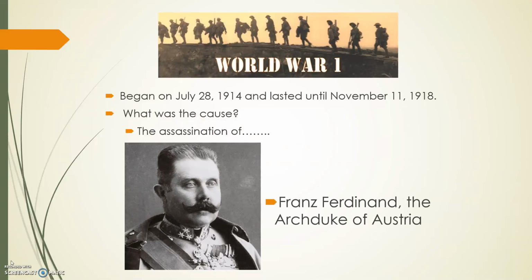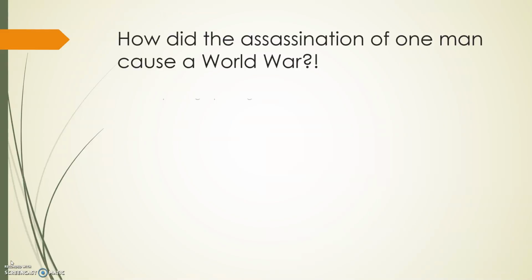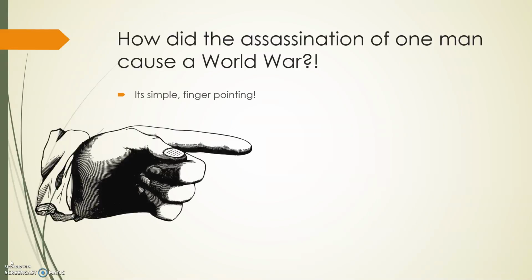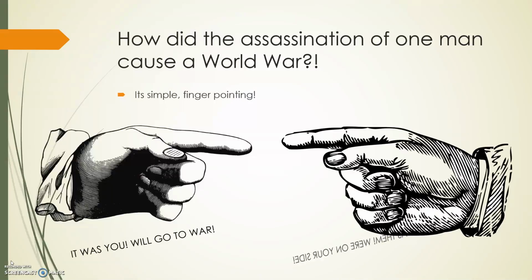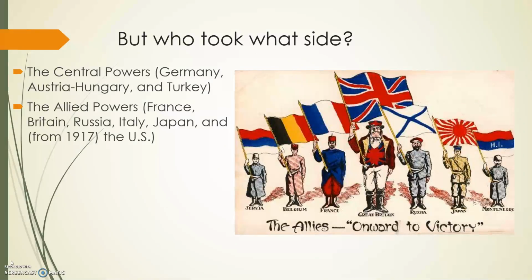He was assassinated, and basically what happened was a huge game of finger pointing. So there was countries, Austria was pointing fingers at this country, they were pointing fingers at another country, and then eventually they all took a side, and then war honestly just began right then and there.